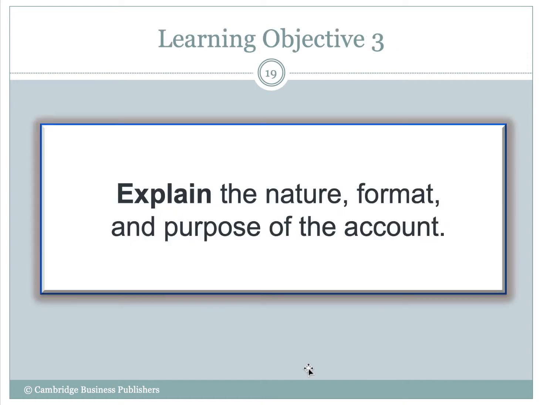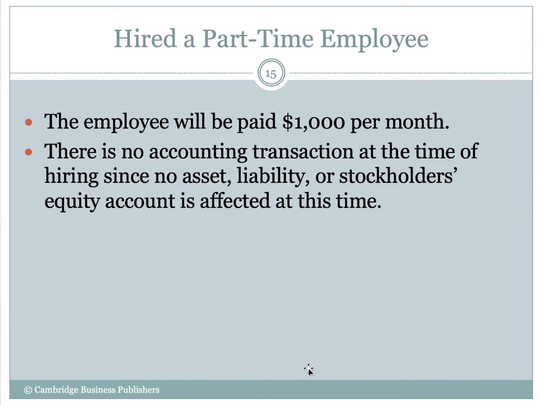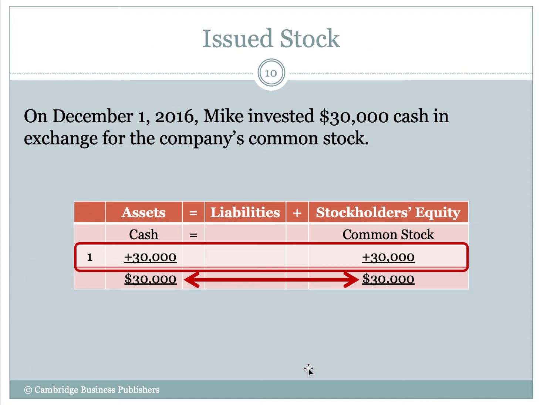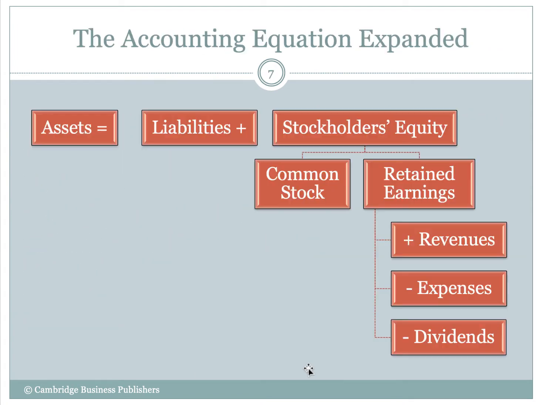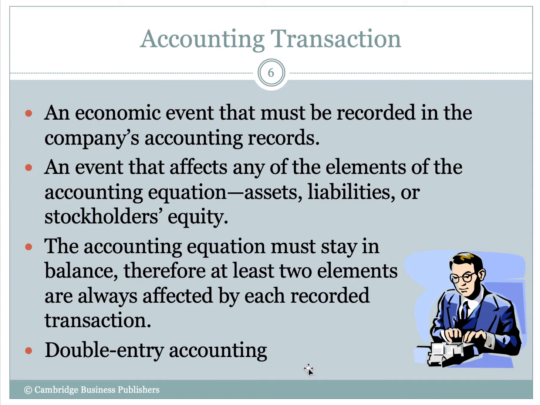Okay? When we come back in our next video, we're going to look at the nature, the format, and the purpose of each account that we have, the assets, the liabilities, the revenues, expenses, retained earnings, all that good stuff. But let's not forget about the important takeaways from this video, really.